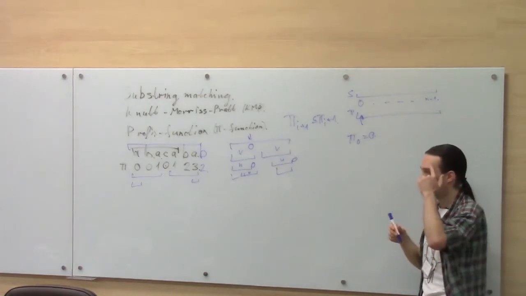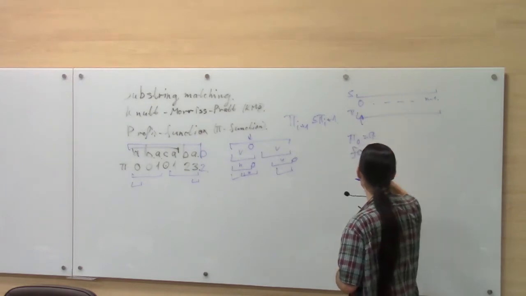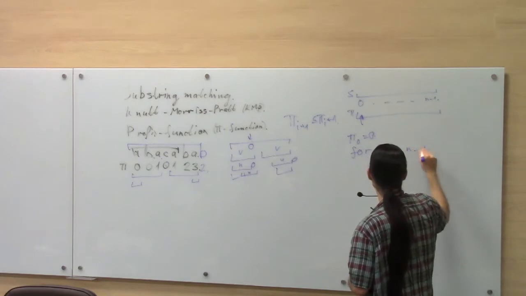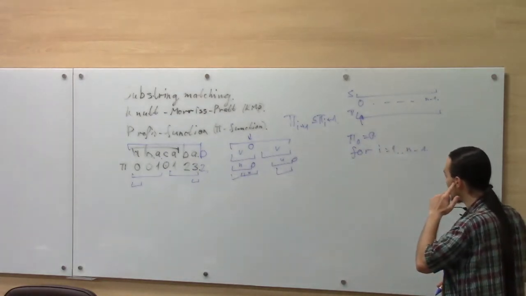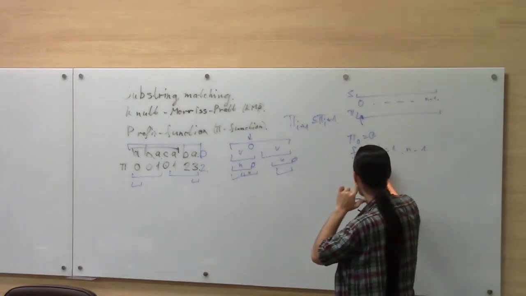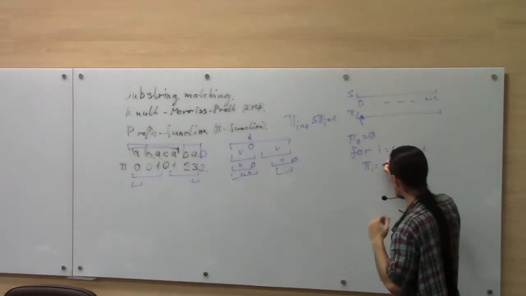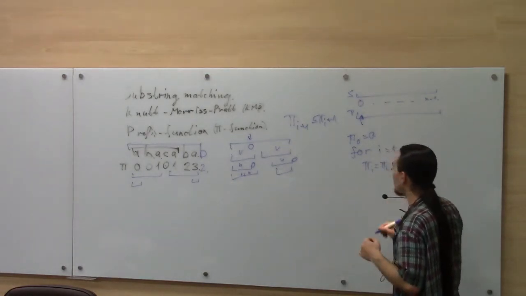you don't get confused. So now we are doing something like for i in 1 to n-1. What we're going to do is initialize our value of p_i with the previous prefix function.